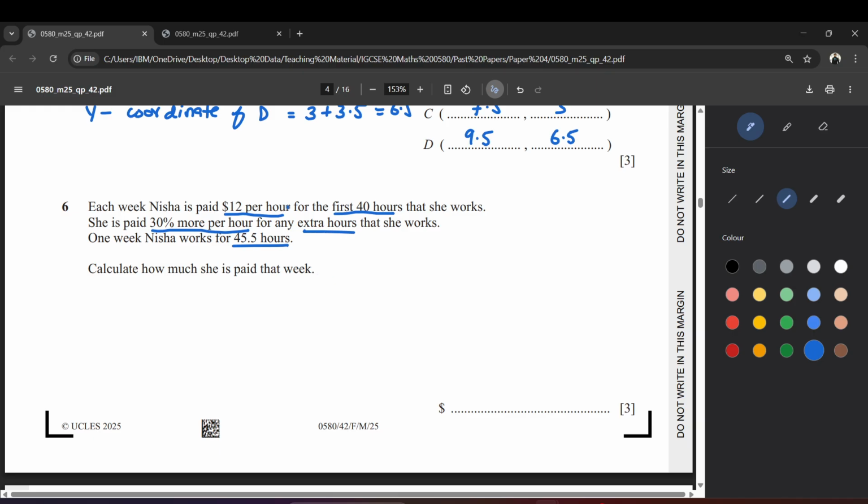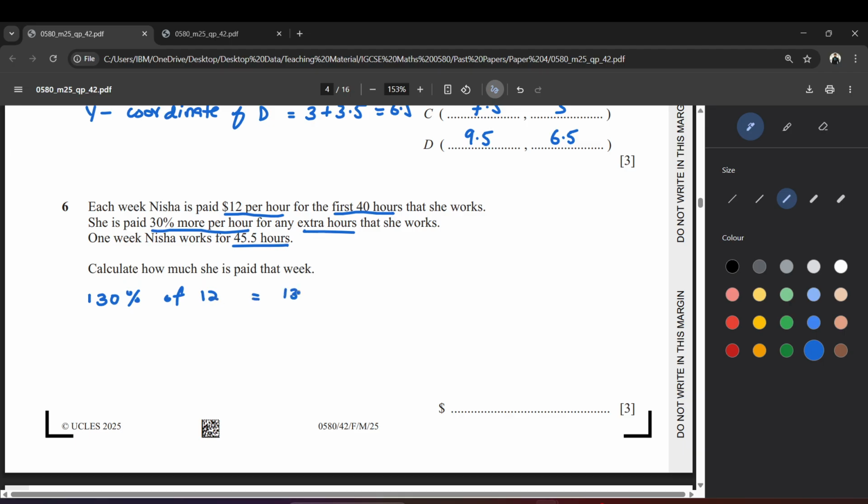Okay. So if the hours exceed 40 hours, right? So what will be the hourly rate at that time? The normal hourly rate is $12. So per hour she gets $12, but after 40 hours of work, any hour that is extra, right? So that should be 30% more. So 30% more basically means 130% of 12.